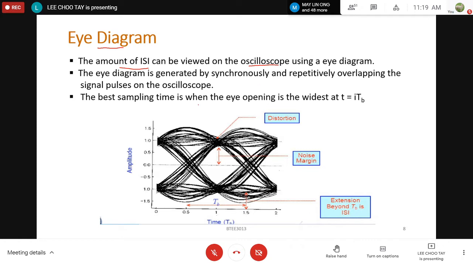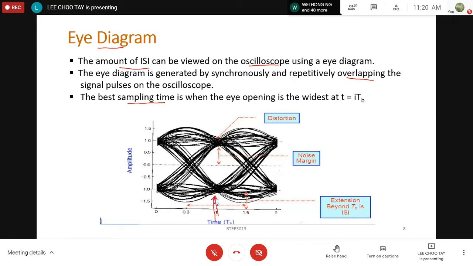We freeze the time sweep on the oscilloscope so that the waveforms overlap on each other. The incoming signal pulses overlapping on each other is what we call an eye diagram. From here, the best sampling time is when the eye opening is widest, which is at this point.